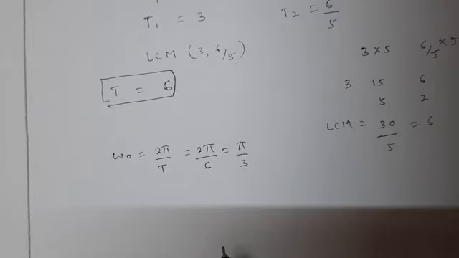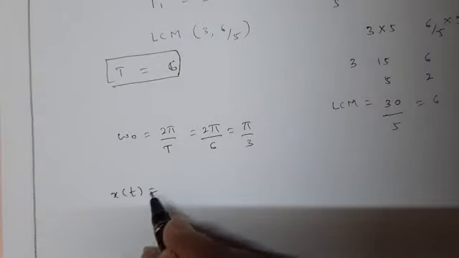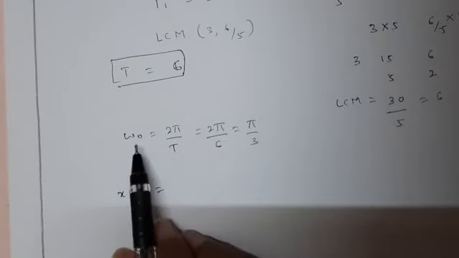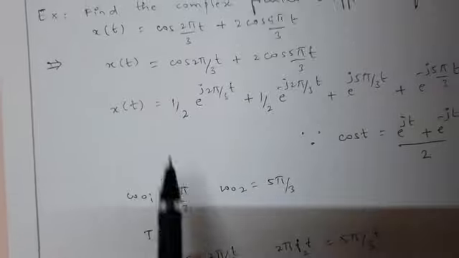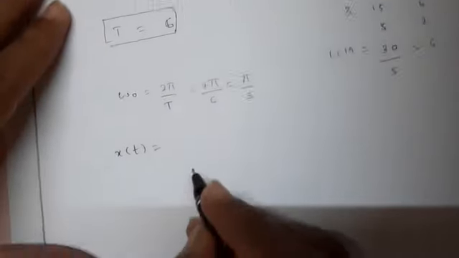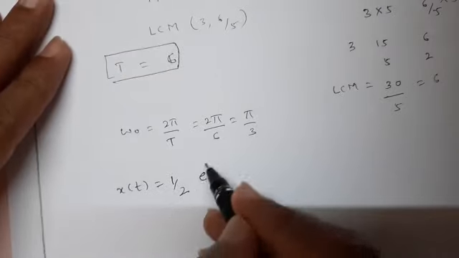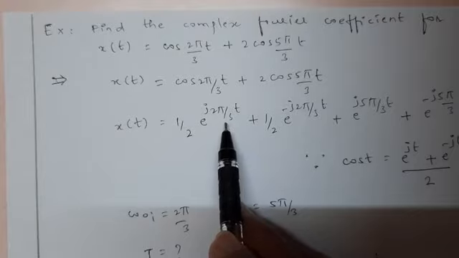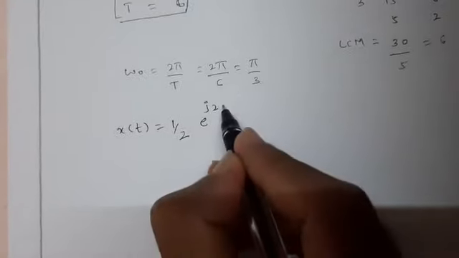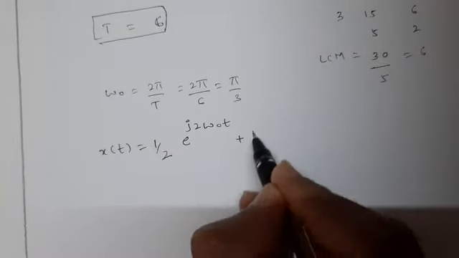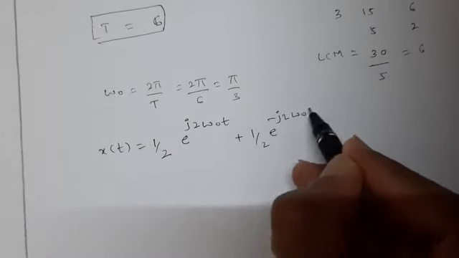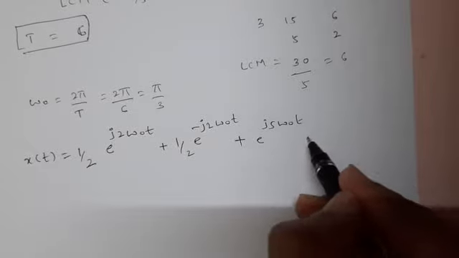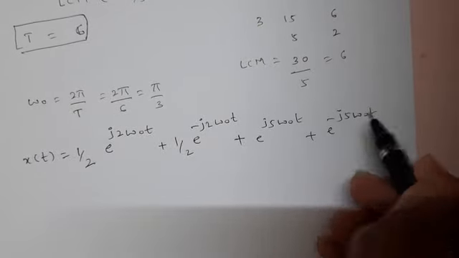So your equation is x of t equal to, here, omega naught is pi by 3, and hence half e to the power j2 omega naught t, similarly half e to the power minus j2 omega naught t, plus e to the power j5 omega naught t plus e to the power minus j5 omega naught t.